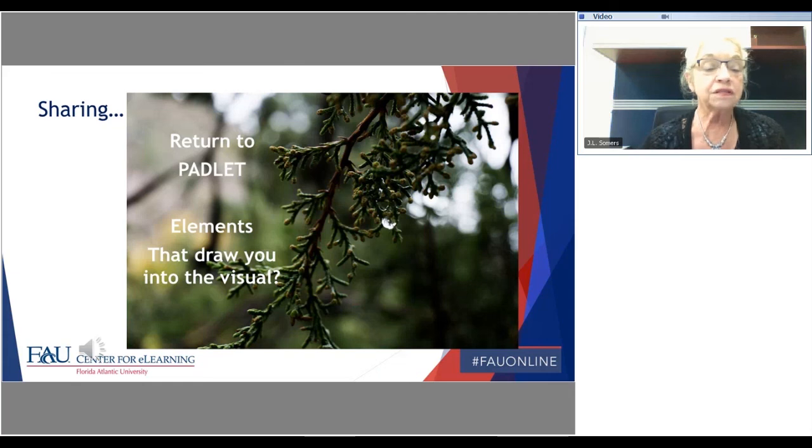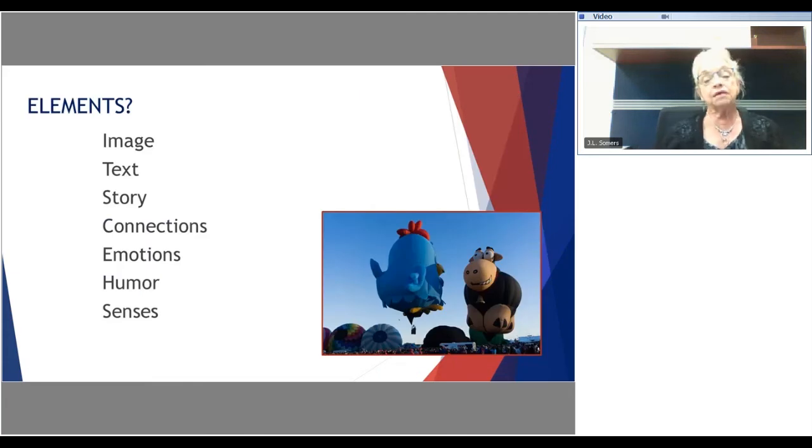So the elements that tend to draw us into a visual, and I have jotted down a few of them, I'm sure that there are others as well. The image itself is part of what draws us in, and seeing that image and thinking about what it brings to us.